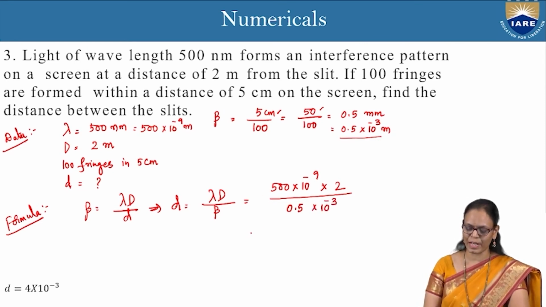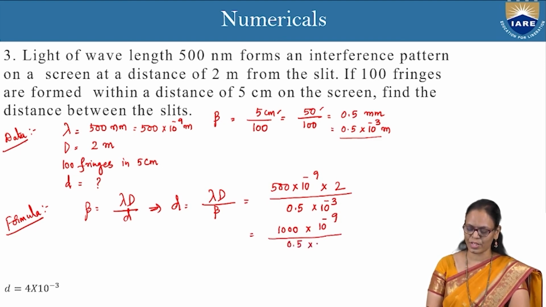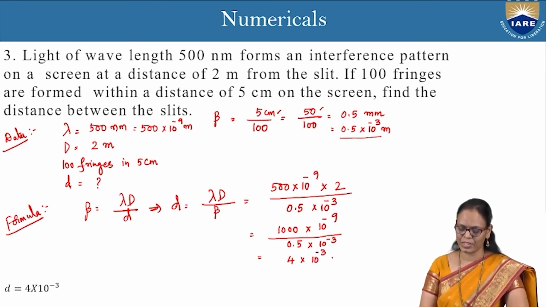So we can simply write it as 1000 into 10 power minus 9 divided by 0.5 into 10 power minus 3. So this gives us 4 into 10 power minus 3 meters.